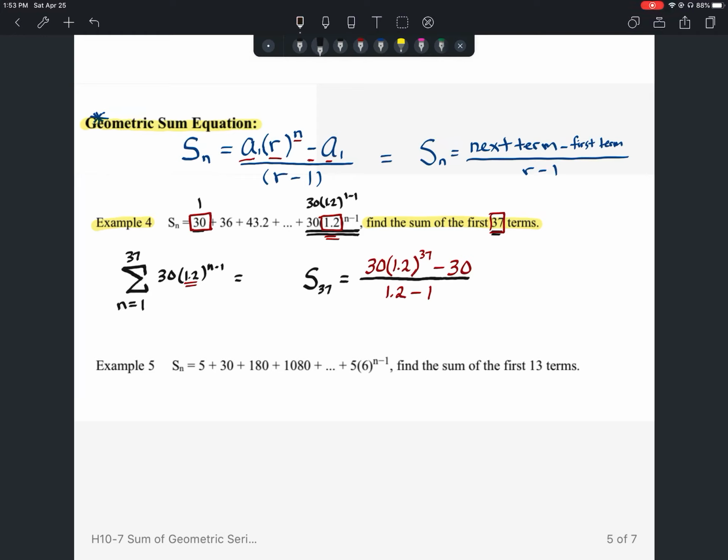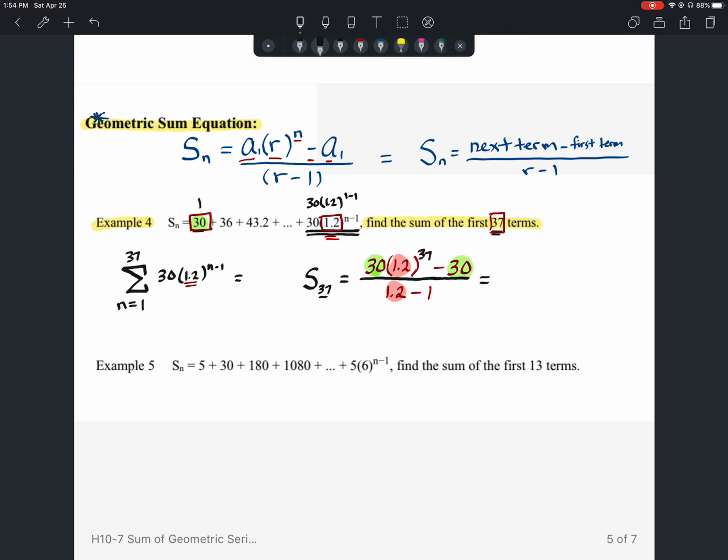This number here should match this number right here. Our first term appears in here twice, and our multiplier appears here and there. And this 1 is just because we're subtracting 1 from it. So now we can just calculate it.